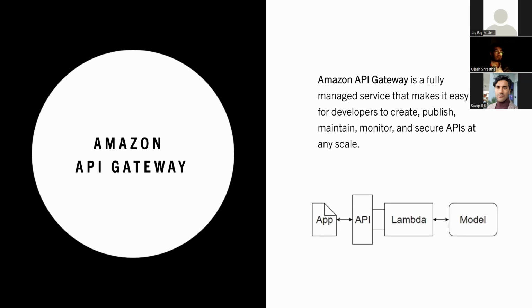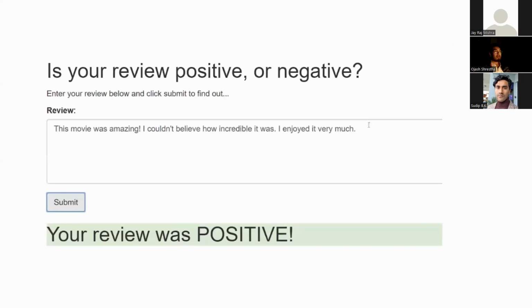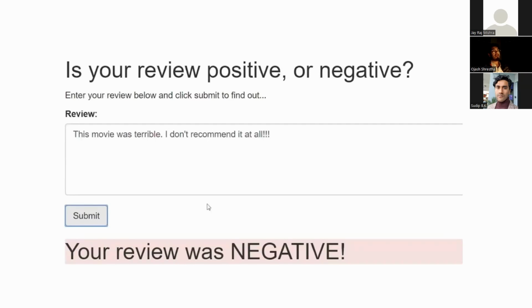That output through the Lambda will be sent to your web app through the API, right? So once you submit, the result is: your review was positive. And if the review, for example, says "This movie was terrible, I don't recommend it at all," that's going to be a negative review, right?